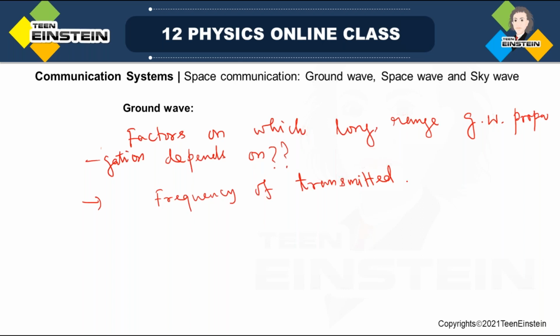Because as I said, the EM wave will be attenuated by absorption, and this attenuation of the EM wave depends on frequency.